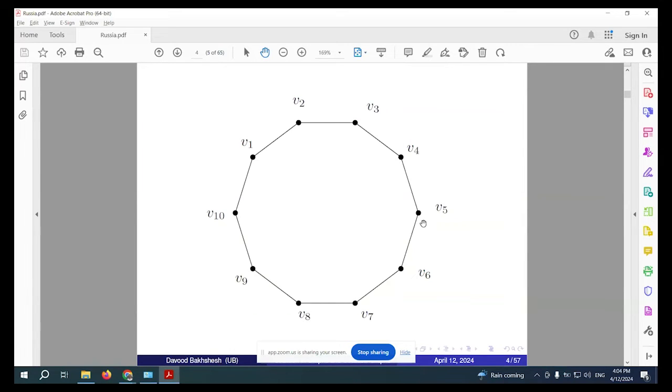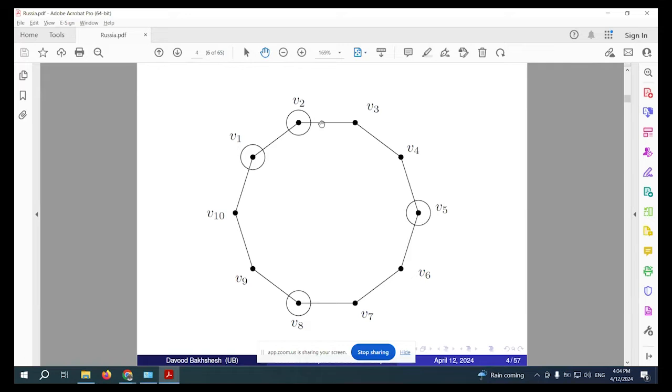And as another example, you can see a cycle with 10 vertices: V1, V2, dots, V10. And you can find a dominating set. As you see, these four vertices form a dominating set.